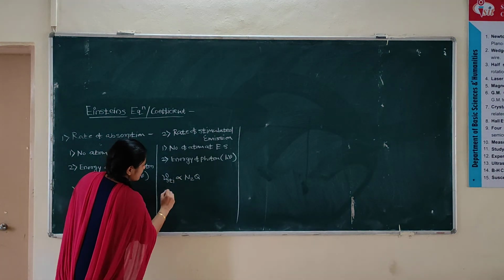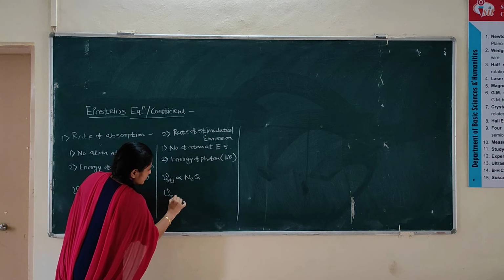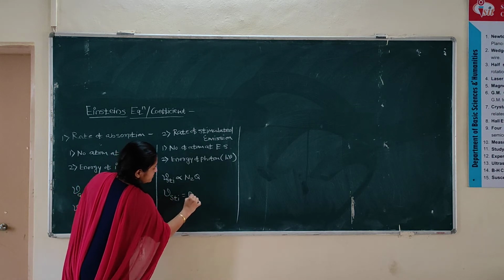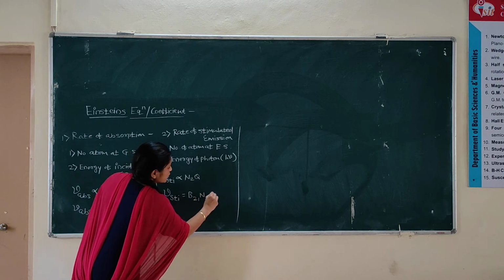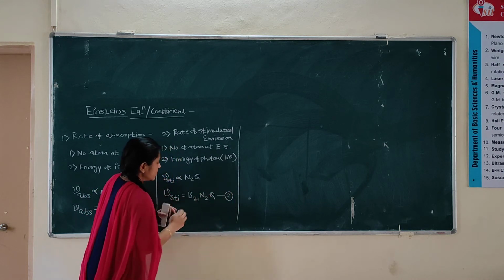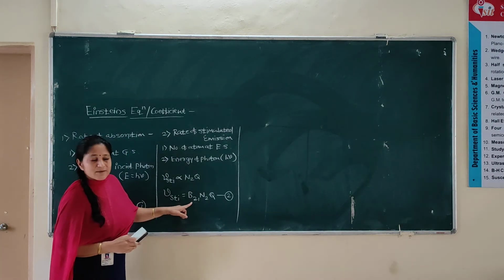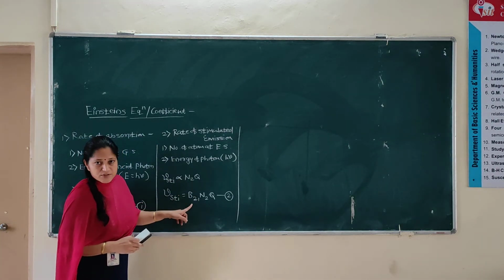So gamma stimulation is equal to B21 into N2 into Q. This is equation number 2. Here B21 represents the proportionality constant.